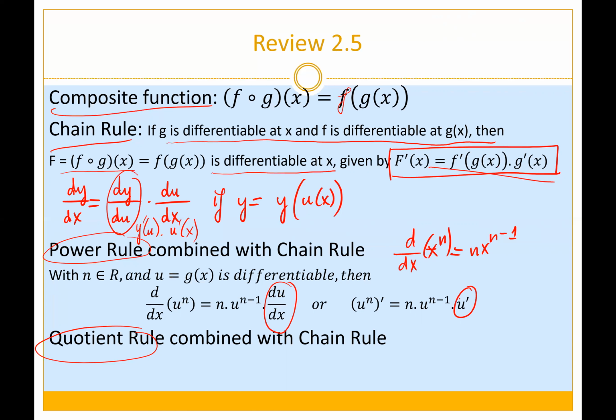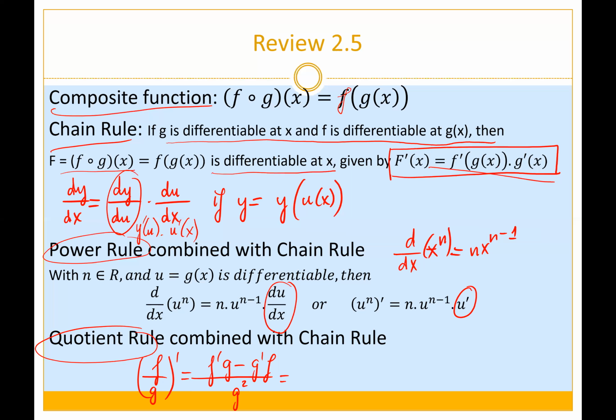The quotient rule combined with the chain rule is kind of the same thing. When you have f over g prime, you have f prime g minus g prime f, divided by g squared.